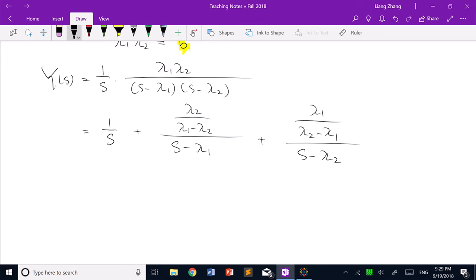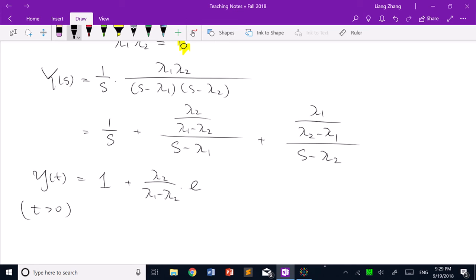Then the partial fraction expansion is done, and you can do the inverse Laplace transform. So again, for t greater than 0, 1 over s is your unit step, so we just write 1 since it's positive time. And then lambda 2 over lambda 1 minus lambda 2 times e to the lambda 1 t, plus the other exponential term.